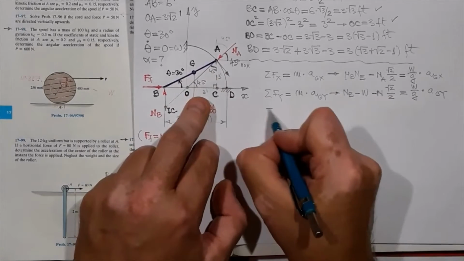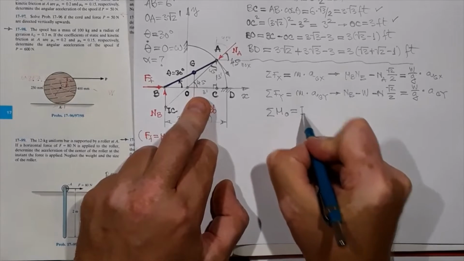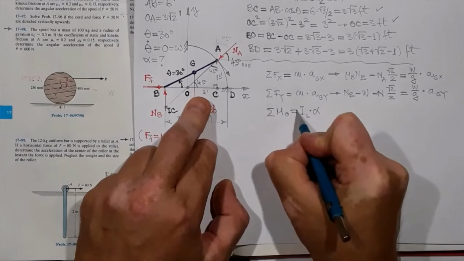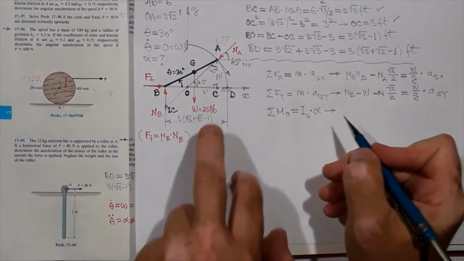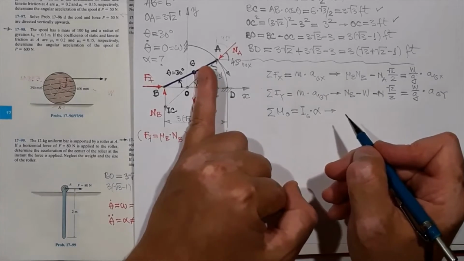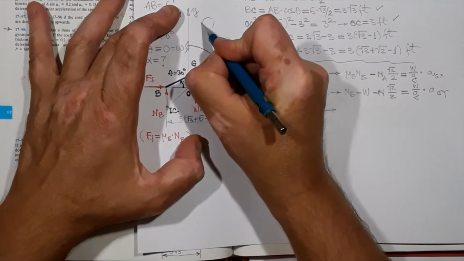Now, sum of moments about point O equals centroidal moment of inertia of the bar times alpha. We're going to assume positive to be counterclockwise.